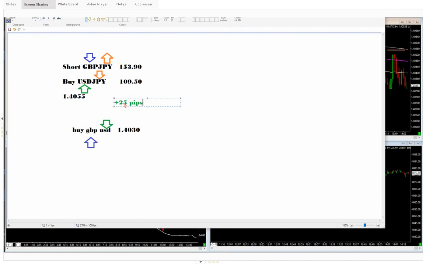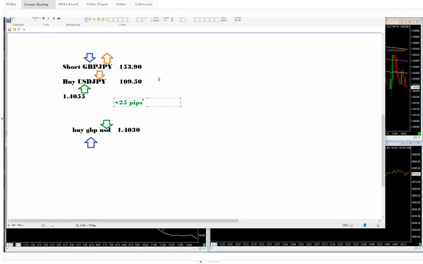It just gives me options, doesn't it? I could simply close off the short pound yen trade, or close off the long dollar yen trade instead of buying the pound dollar. But at the end of the day, all I am at the moment is completely 100% flat if I buy the pound dollar.